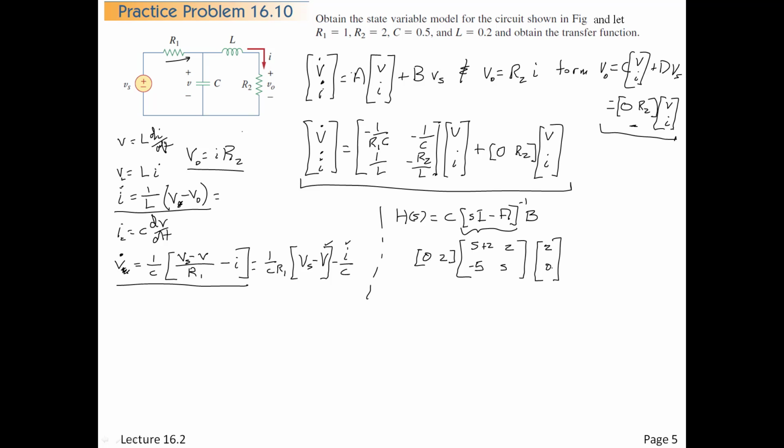And as a minus 10, and then the sign is inverted, so that's going to be plus 10. Okay, so that's our sI minus A. We now have to take the inverse of that, so let's not forget about that. This is our transfer function.